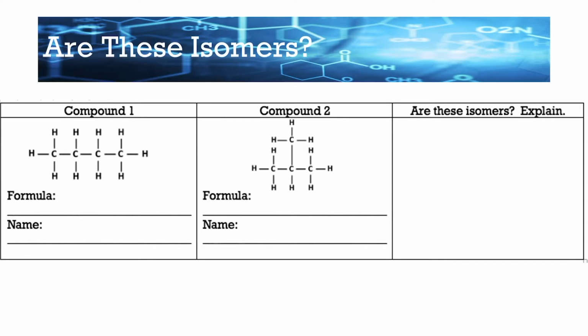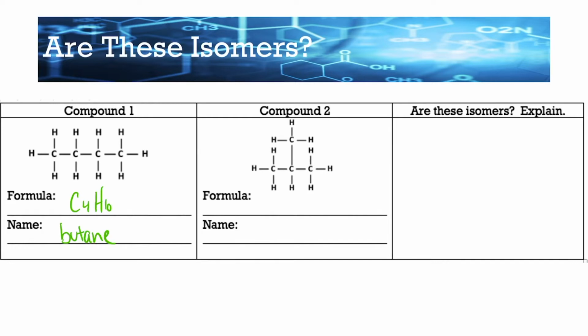So if you're not sure, name them, and then if they have a different name with the same formula, they are isomers. So for compound 1, we have C4H10, and if we're naming this, it is a very simple straight chain alkane. So we have but for 4 carbons, ane for those single bonds. So that would be butane.